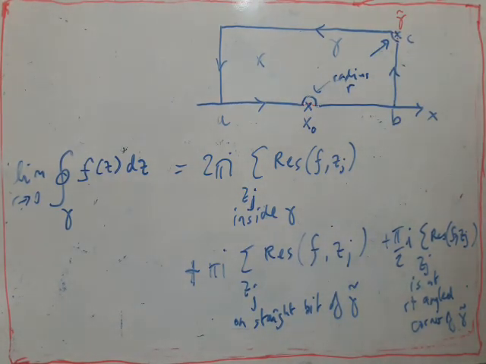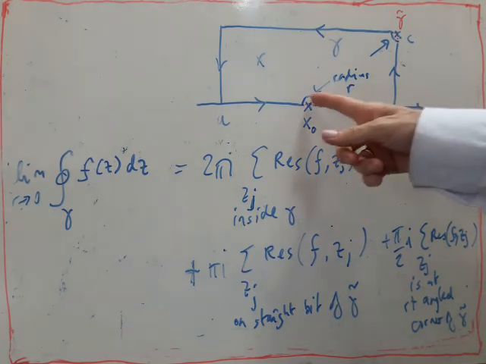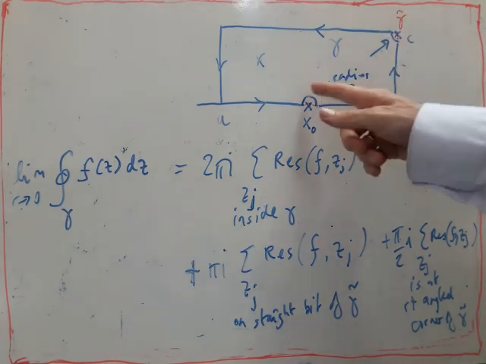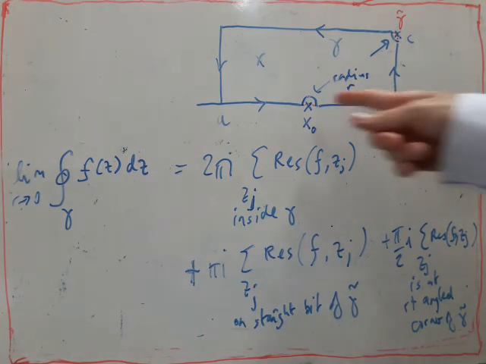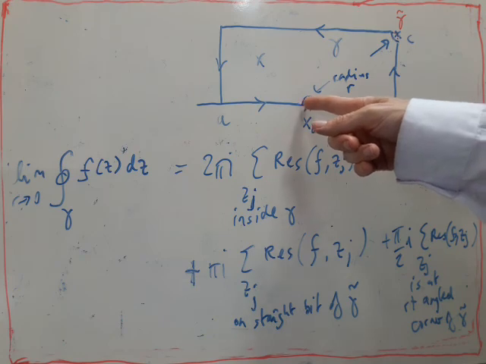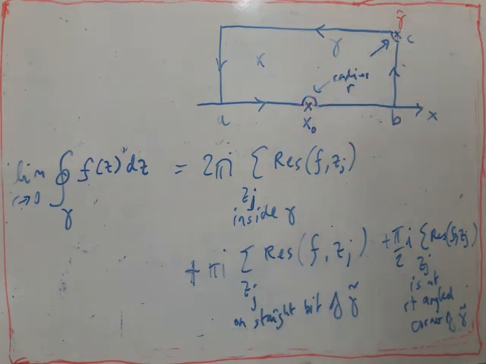So this becomes true in the limit as the radius of these little, what are called indents, go to 0. They never reach 0 because otherwise they would hit this singularity, but in the limit as r goes to 0, then this becomes true.